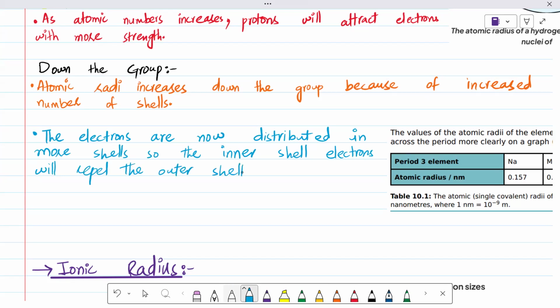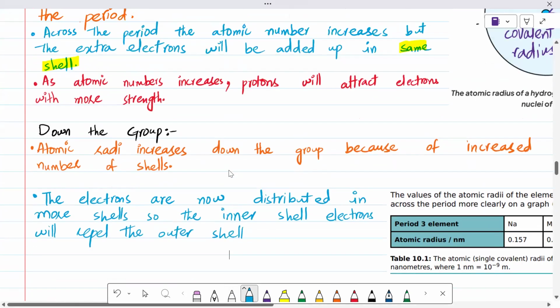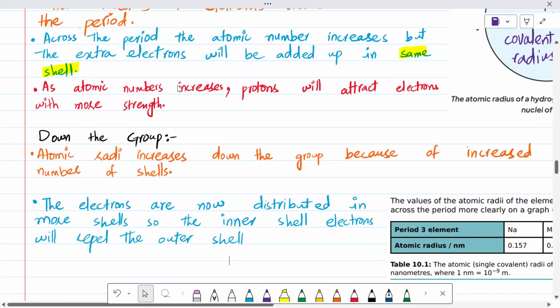Within the same shell they cannot repel, because they are far apart from each other. We will discuss later what the arrangement of the electrons within the same shell is. Just remember at this point that in the same shell they cannot repel each other. They can only repel when there are different shells.